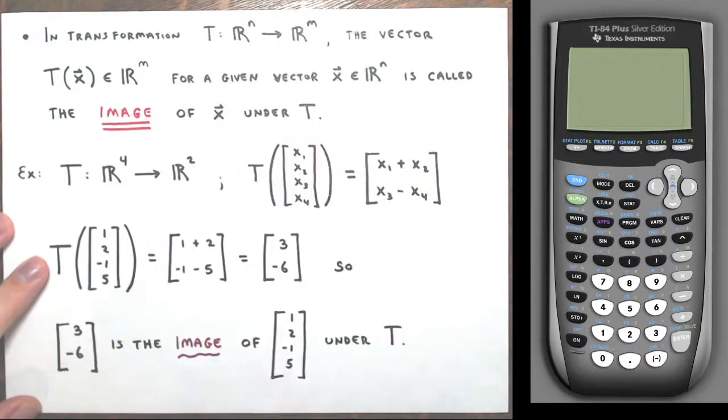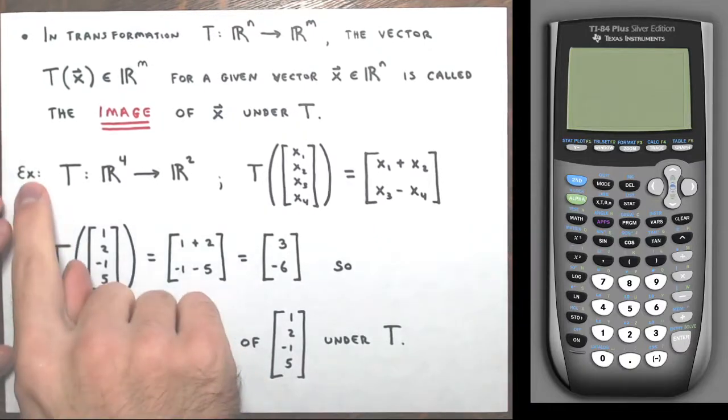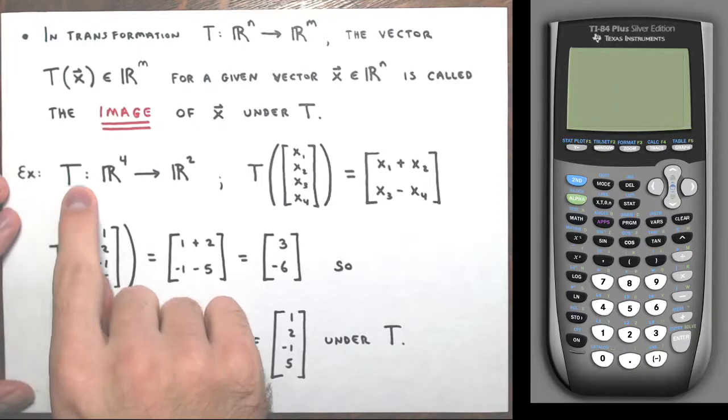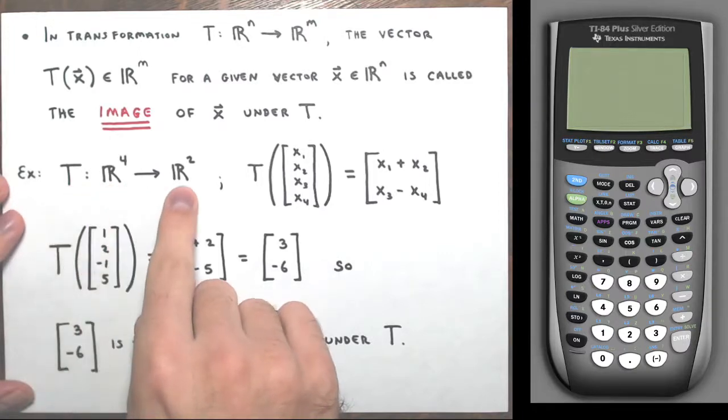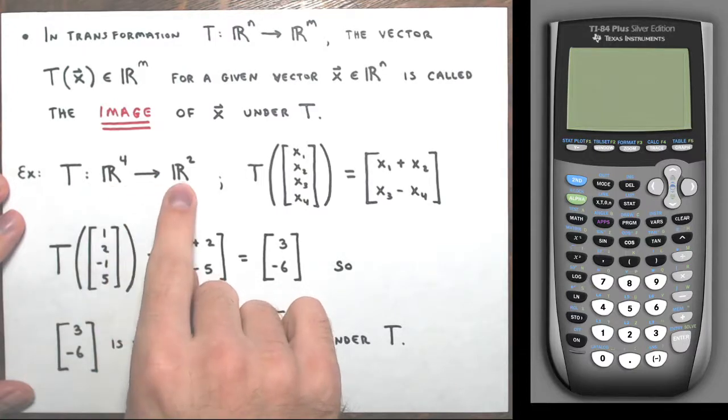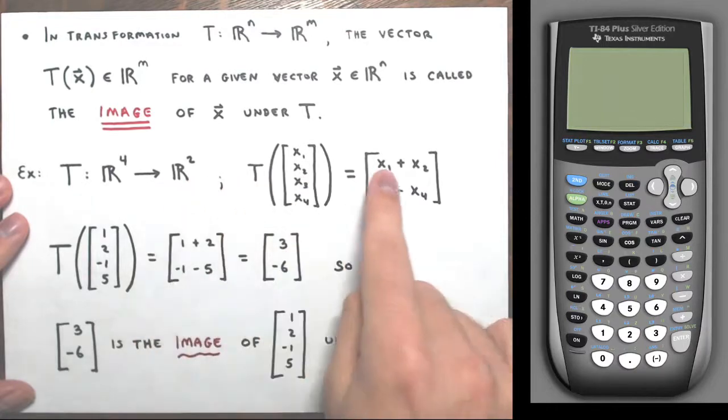Right, so that may sound weird. Let me go into an example. So for instance, suppose I have a transformation T here from R4 to R2. So my inputs are vectors with 4 components. My outputs are vectors with 2 components. And the rule for it is this.